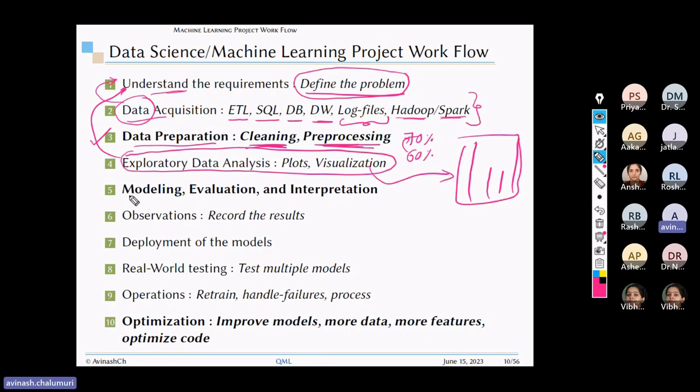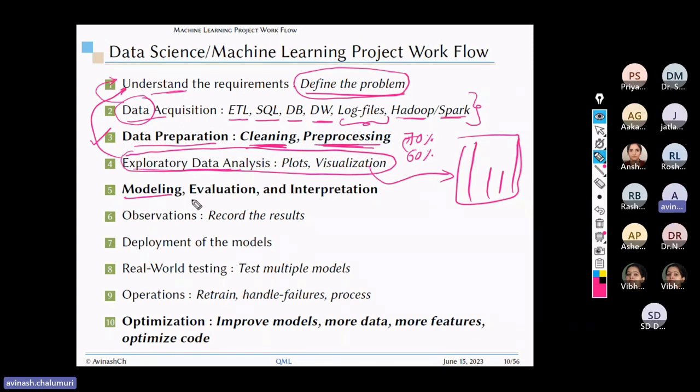Now, as you have enough data, you have plotted the data and understood what the data is, how you can use it and how you can handle it, you will be designing the model and evaluating the model with many performance metrics like precision, recall, and plotting a confusion matrix.